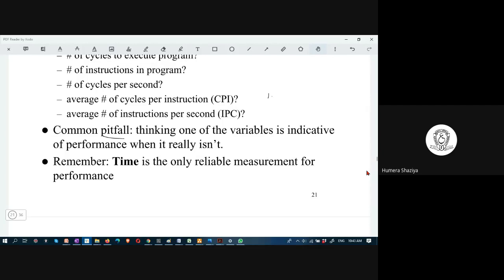So it is really essential to have a thorough understanding of all the variables affecting performance. Time is the reliable measurement for performance. Eventually, whatever you use to measure performance, time is the most reliable measurement, and through time only can different programs be compared, whereas other factors may not be directly comparable.